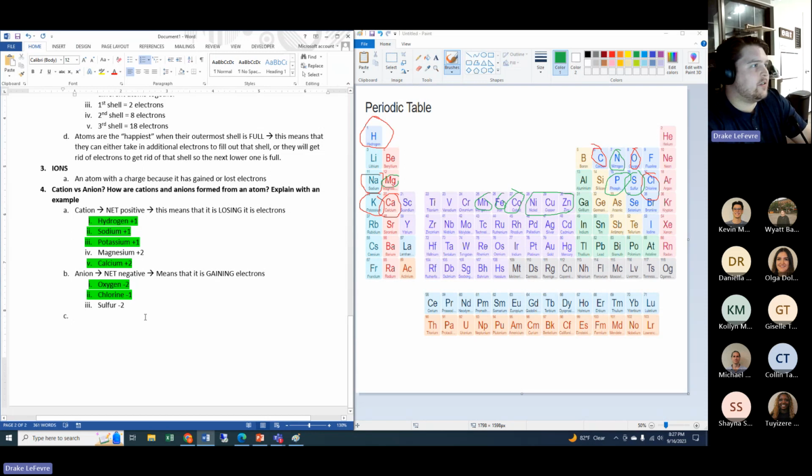So then how are these formed? We talked about above that atoms are the happiest when their outermost shell is full. And so literally what happens is that they have their valence shell, and if they have an almost full valence shell, it's going to attract an additional electron.